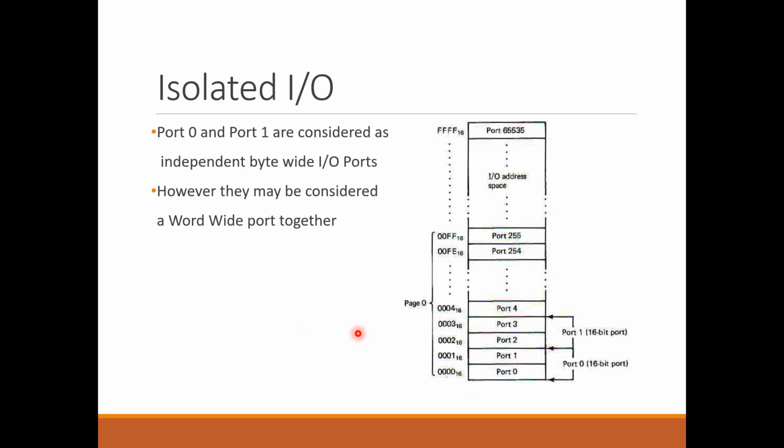But when we are using only 8 bits of data, only one port is going to be used, port 0, 1, 2, 3. But whenever you are using the second word to transfer, port number 2 and port number 3 can be concatenated in order to make a single 16-bit port.